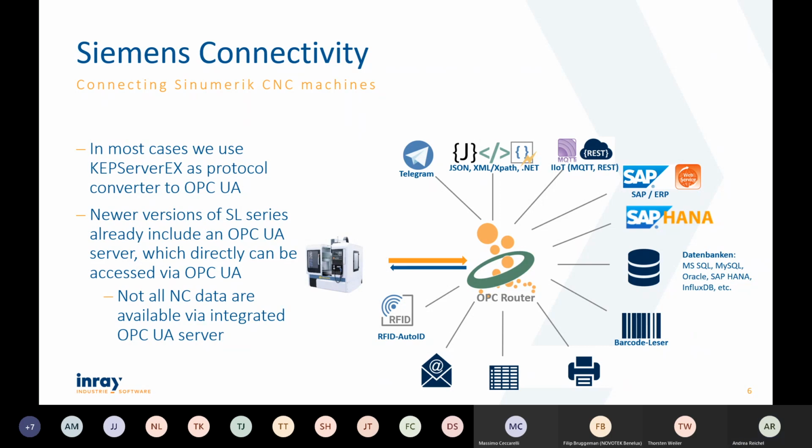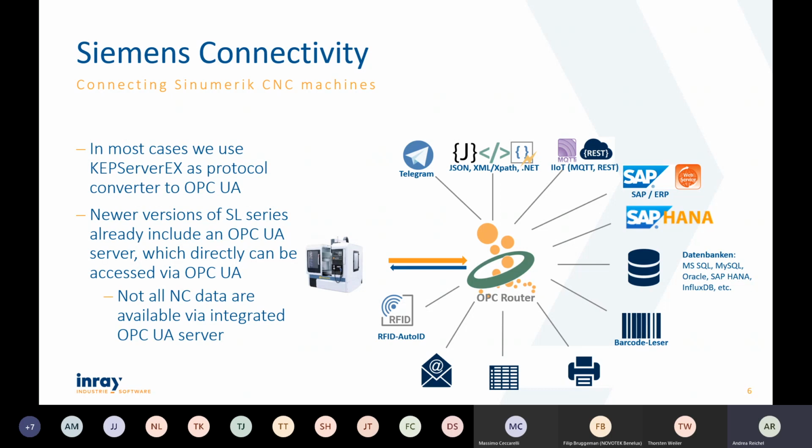So in addition to having many target systems available, Torsten already mentioned some. You can, for example, use the SAP connection with a native SAP interface. This is an addition to the CapSurferX, which can only provide the OPC server functionality to communicate with SAP.